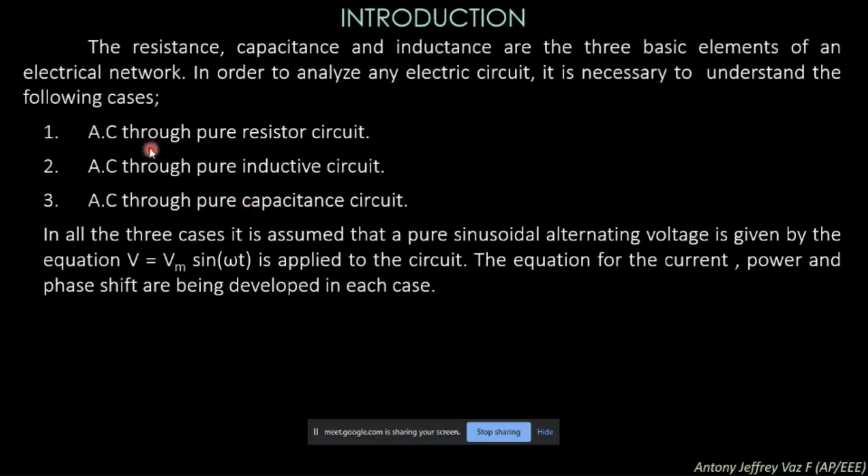And the mathematical model of the voltage being applied is V is equal to Vm sin omega t. Here the sin omega t term represents the alternating voltage as a pure sinusoidal waveform. And here Vm represents the maximum voltage peak available in the sinusoidal waveform.